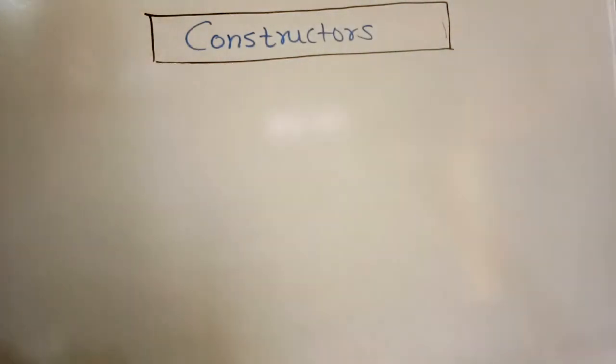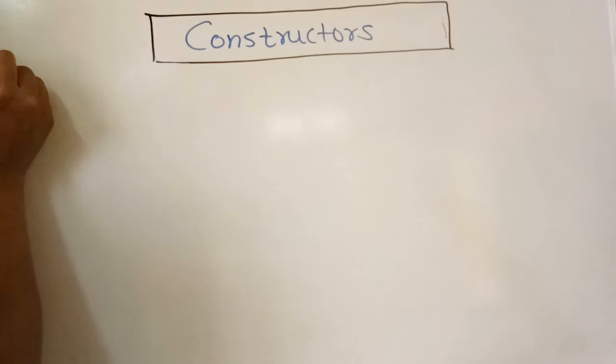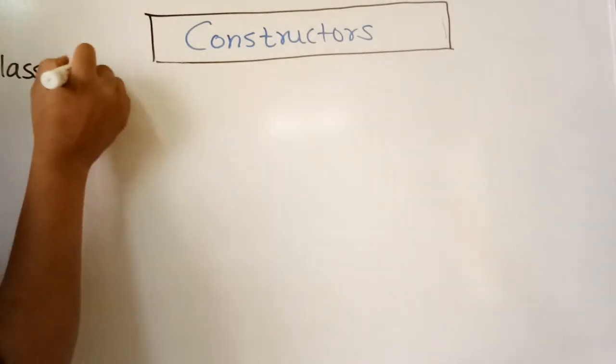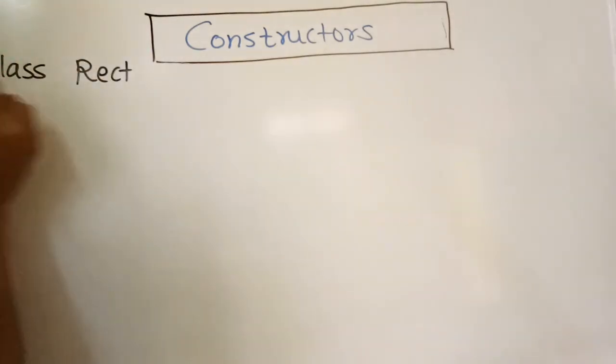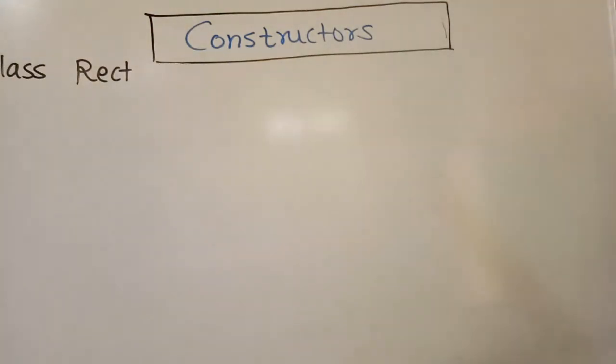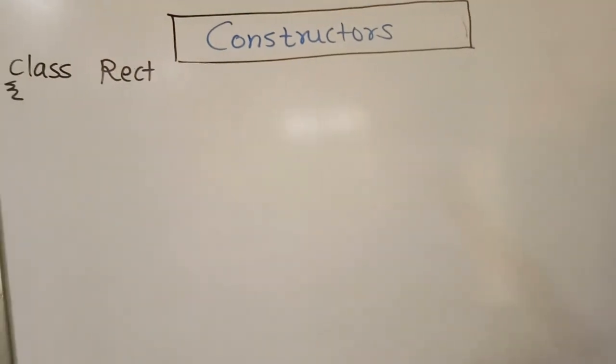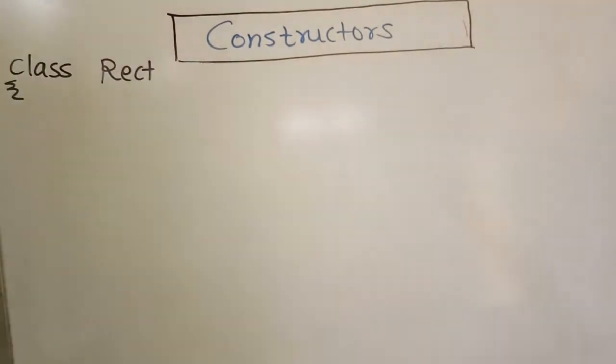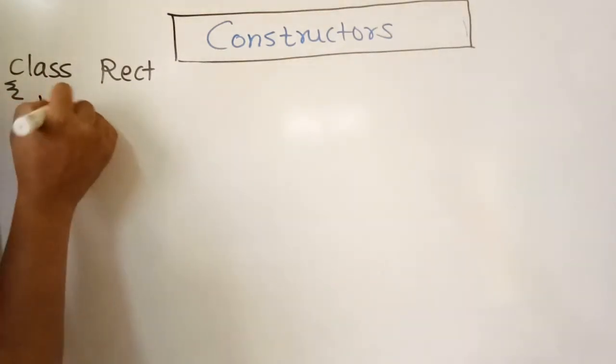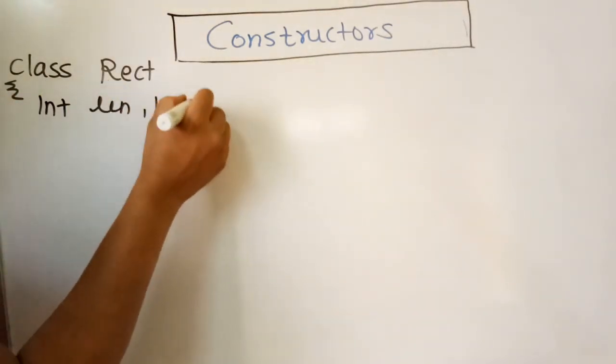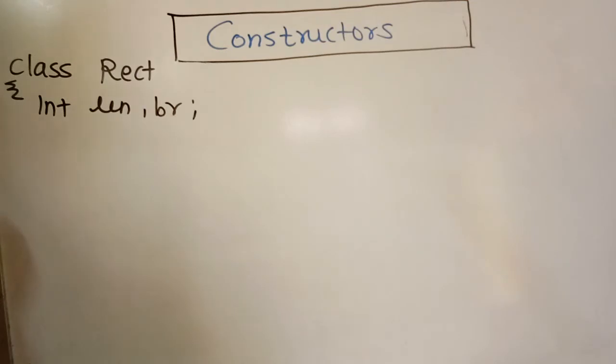Now we will take one example to demonstrate it. First of all, I will create a class like Rectangle. Then I will take integer type length and breadth of the rectangle.